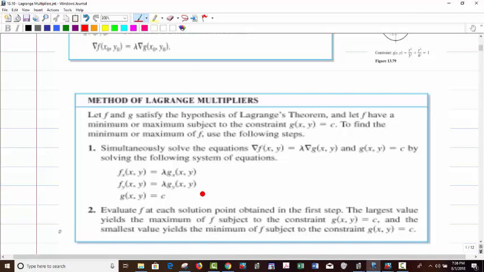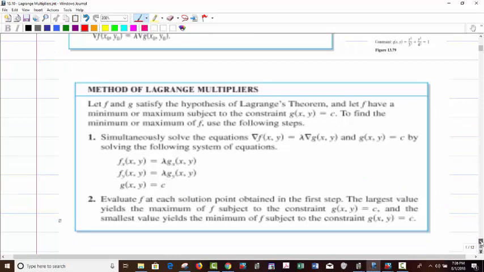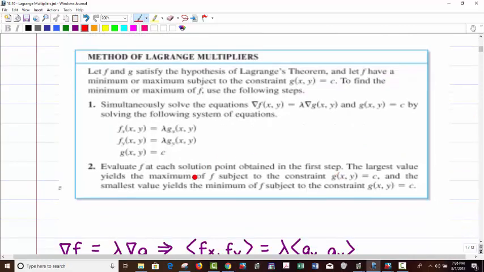And then if you obtain more than one possible set of values from this, then you would just plug those different points into the original function. If you're looking for a minimum, it would then be the smallest. If you're looking for a maximum, it will be the largest.